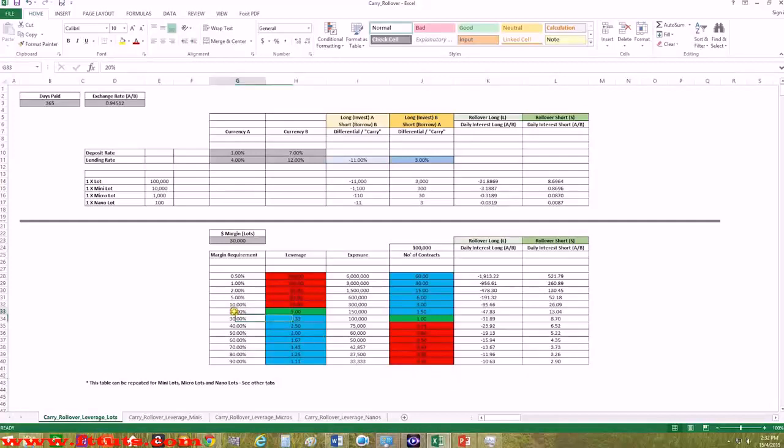So let's have a look at this example here where we do 20%. Well, we could do something like one lot or 15 mini lots, and we could end up getting paid 13 of these currency units per day.